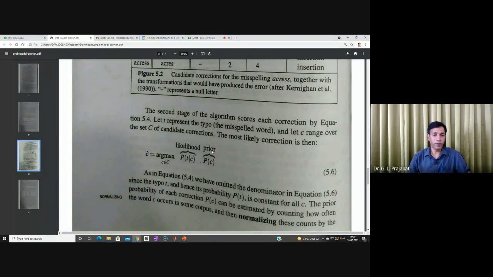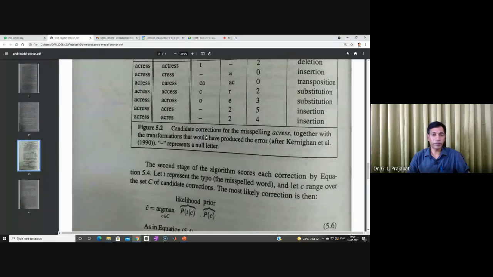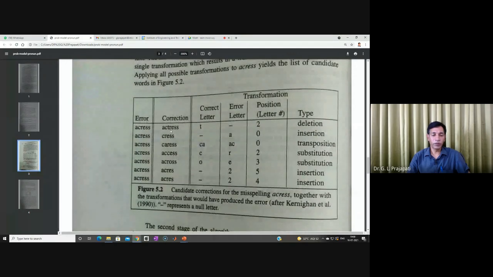Then the probability for the C, the possible candidate correction. So how can you determine the probability for the word actress? For that, you need to access the corpus. You are given a corpus, and the corpus may have, say for example, 40 million words.